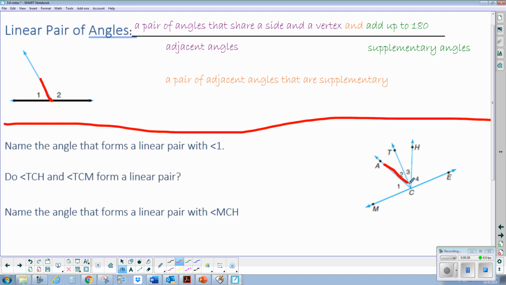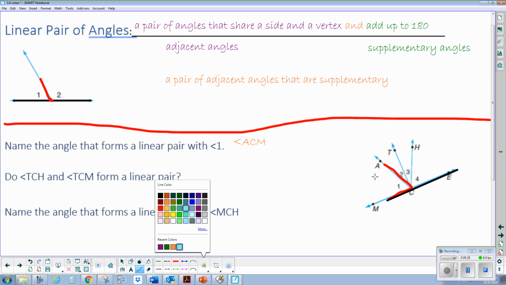Here is angle 1, which we could also say is angle ACM. So we want to name the angle that forms a linear pair with ACM, and that means we want it to form a straight line. So the angle that we have is angle ACE.